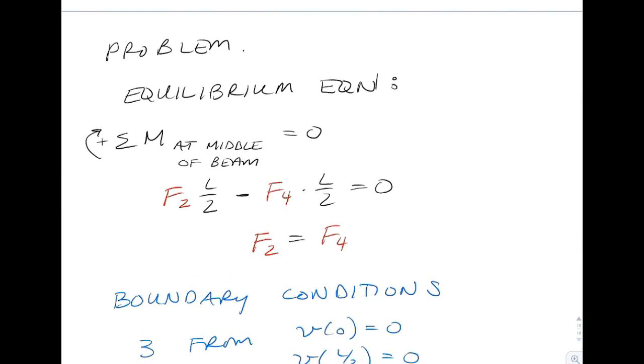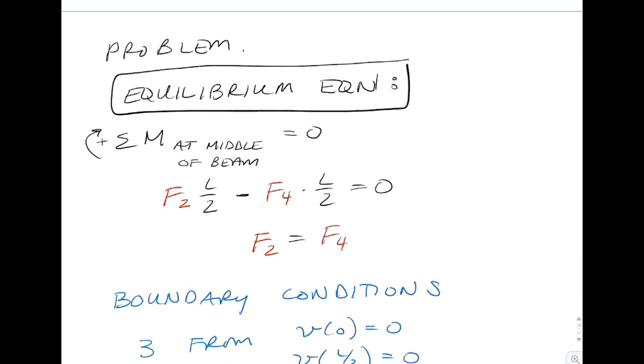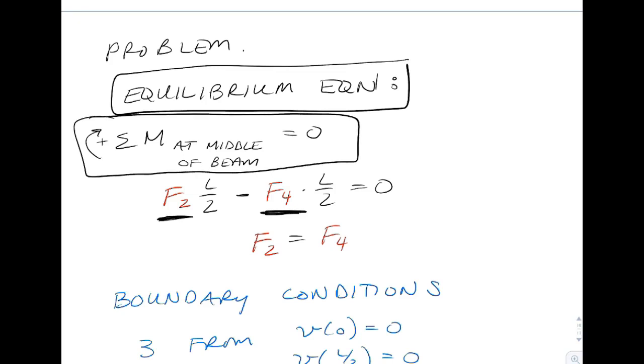With the equilibrium on the whole structure free body diagram, I'm going to be able to relate F2 to F4 by taking a moment right at the middle of the beam, or right where F3 is located. So there's my other relationship right there, F2 equals F4.